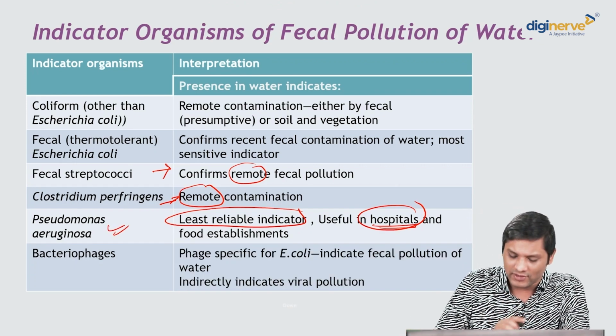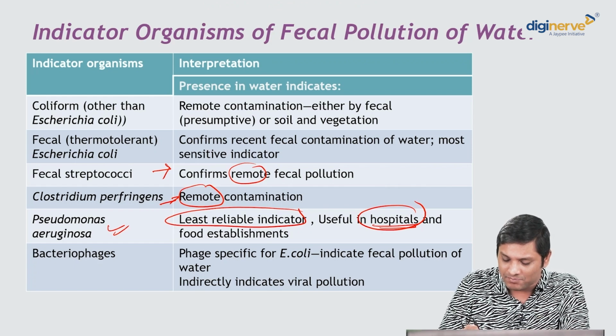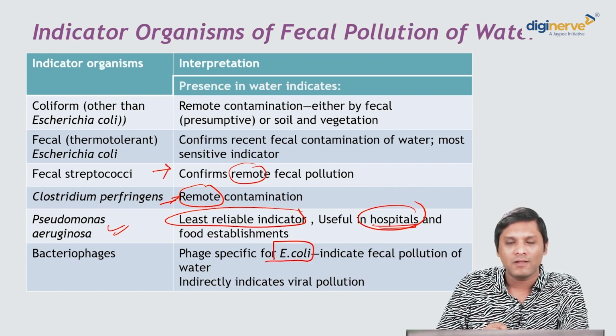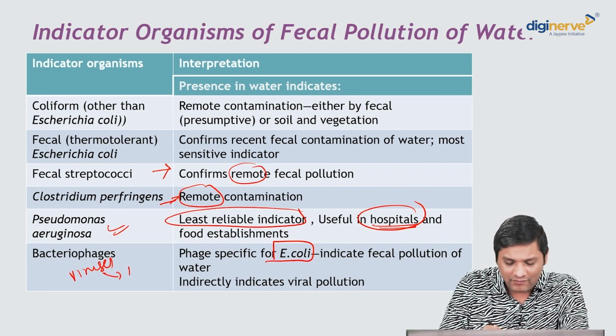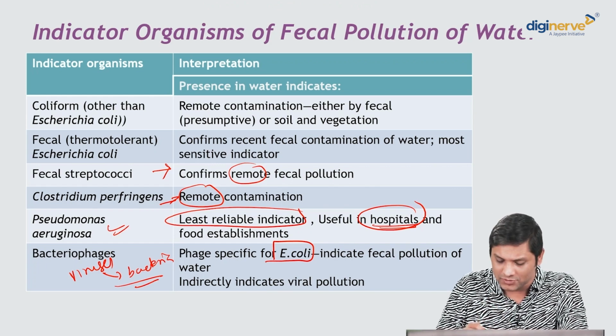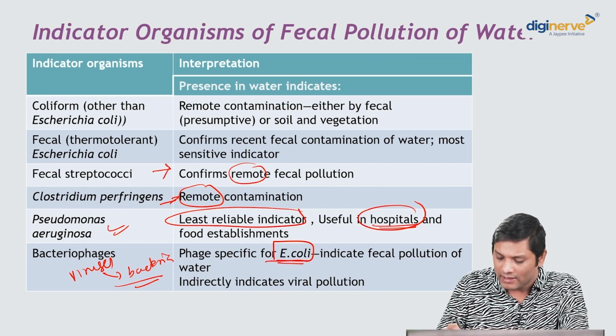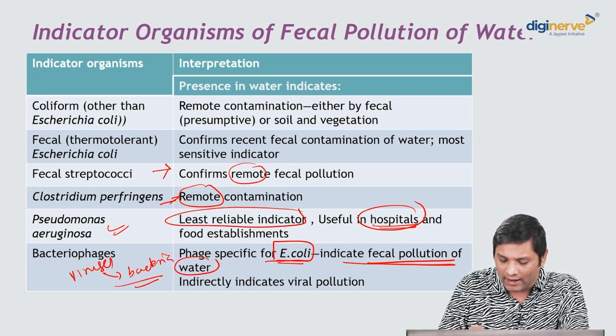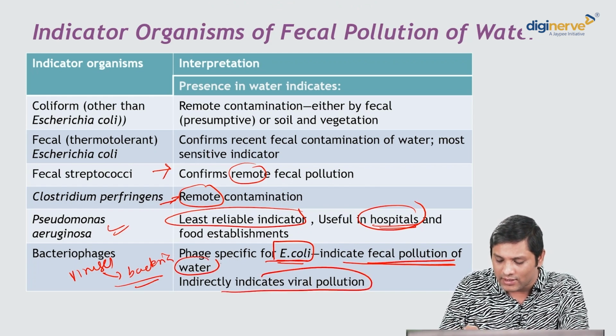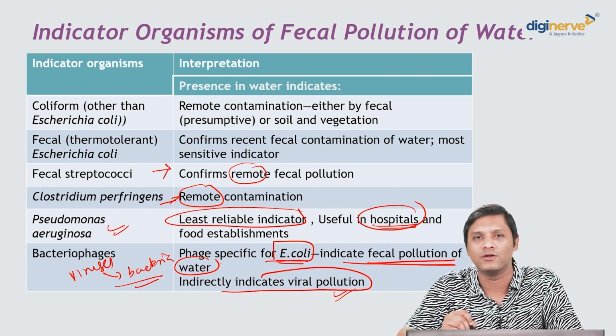Now coming to bacteriophages which are specific for Escherichia coli. Bacteriophage means what? These are the viruses that can infect bacteria. Okay, so the bacteriophages which are specific for E. coli may indicate fecal pollution of water, and indirectly they may also indicate viral pollution.